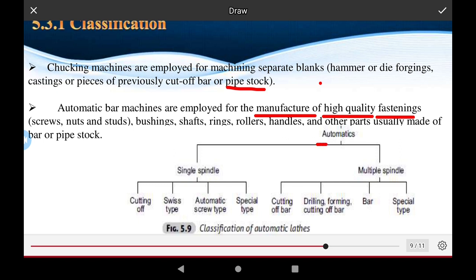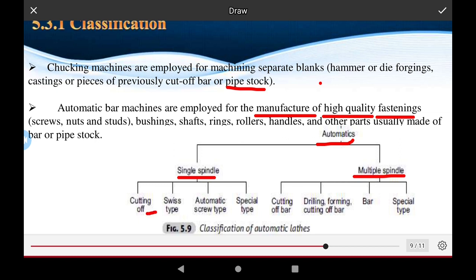The automatic machines are the ones I also described on the previous slide. Suppose this is the same machine, and the single spindle machine also does this, and the multi spindle. The single spindle machine is also for cutting off, divided into four parts.